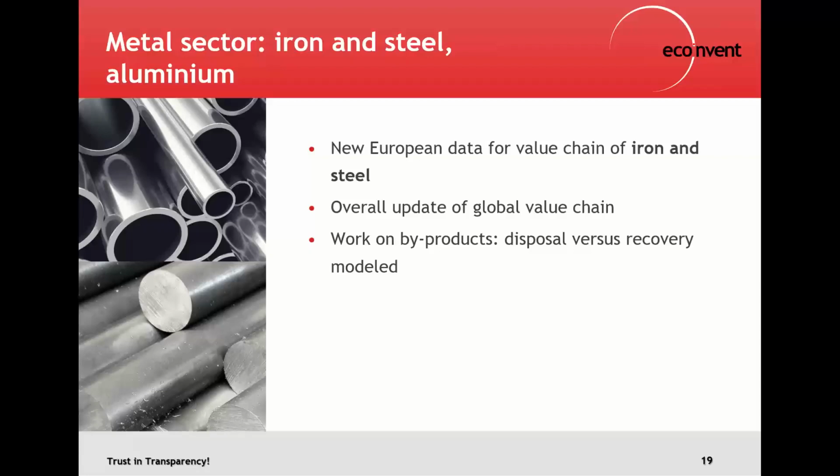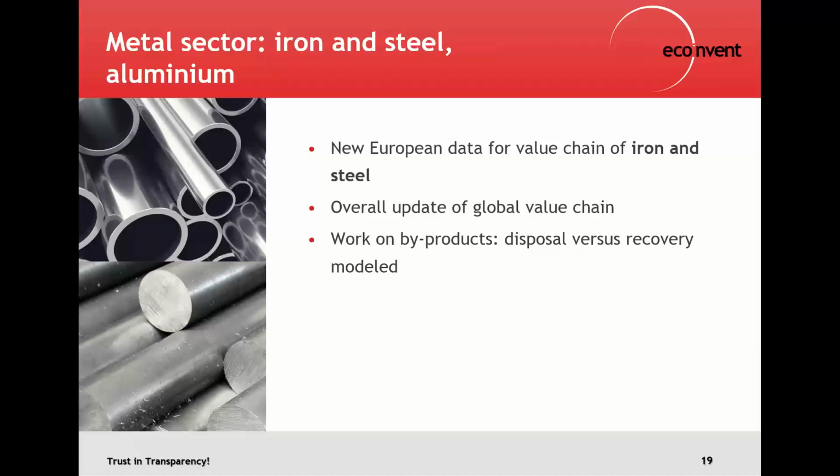We have updated the global and some European datasets for iron and steel production, from mining to steel making. Now the European supply of steel is modeled in more detail, going in some cases to the country level, representing some countries in Europe. And there have been some additions on the supply chain made to the database.